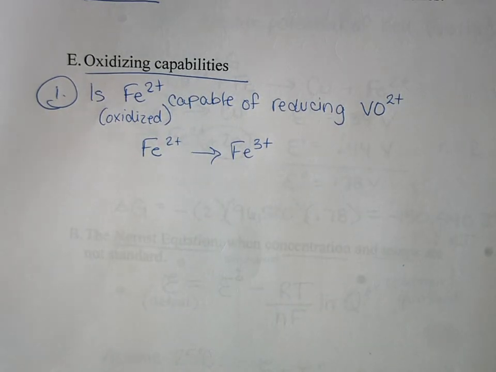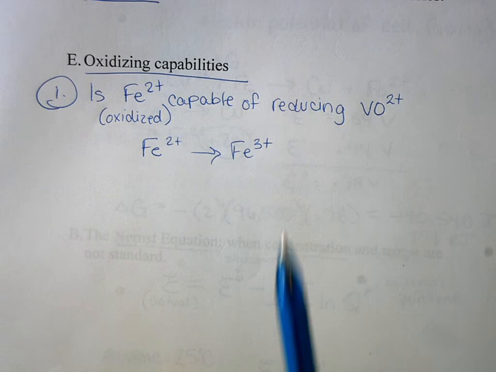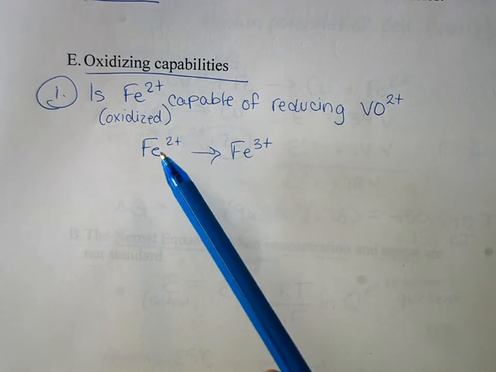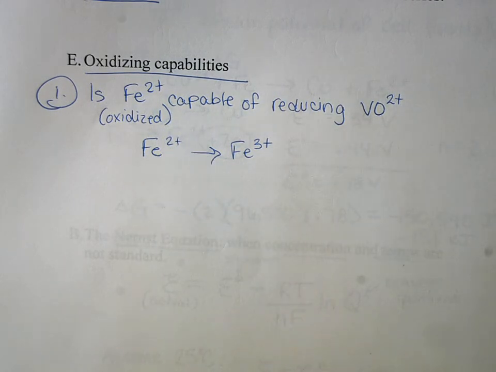I'm going to look up on my reduction potential chart the one that gives me this, which it might not be, maybe it's on the one in your book. See if you can find it. Okay, there it is.